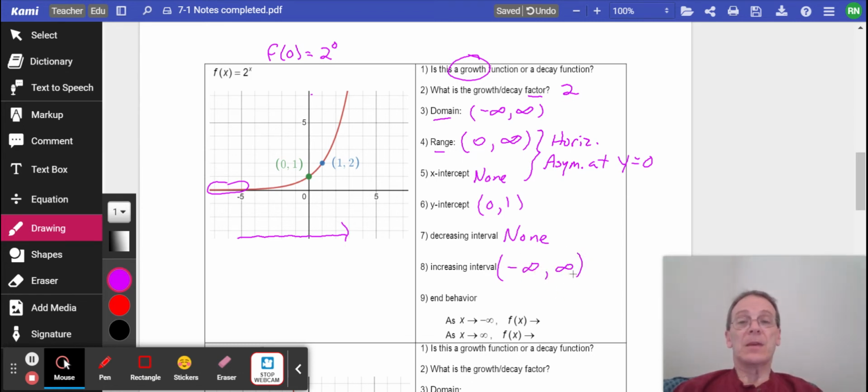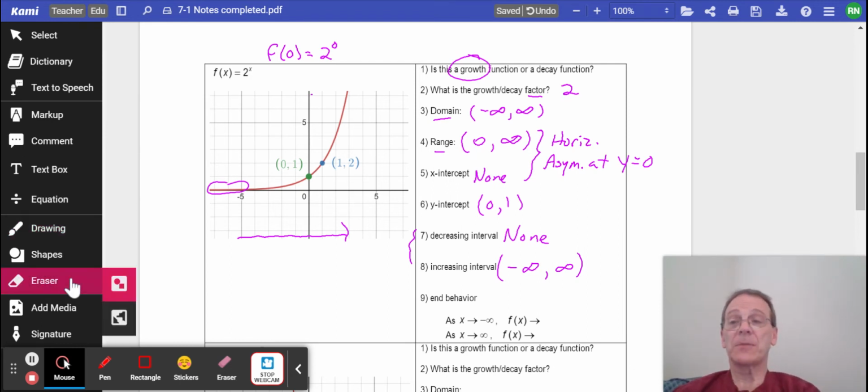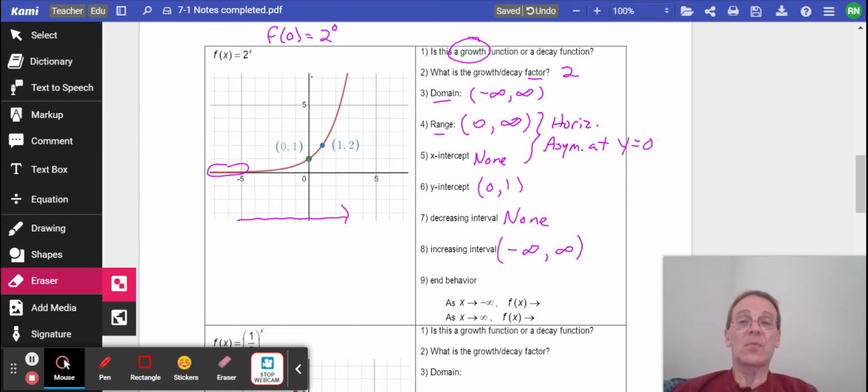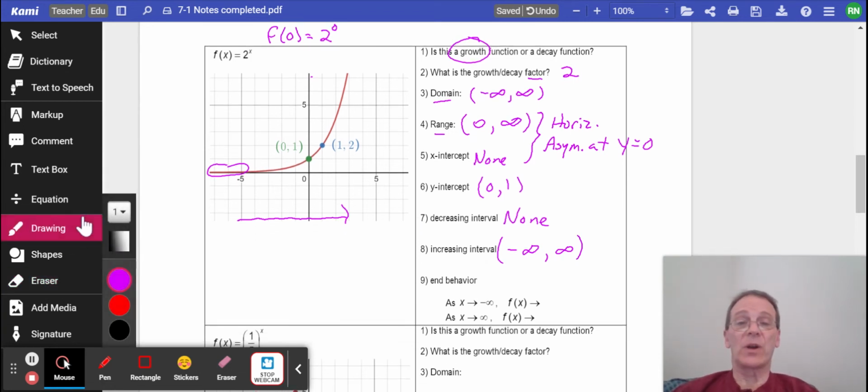Okay. Now, these two answers can be switched. They will be switched if we're looking at a decaying function, a function whose values are going down constantly instead of going up constantly. We'll see that in the next example. Okay. And then the end behavior, well, now that we've answered all of these other questions, we basically have our answers to end behavior.